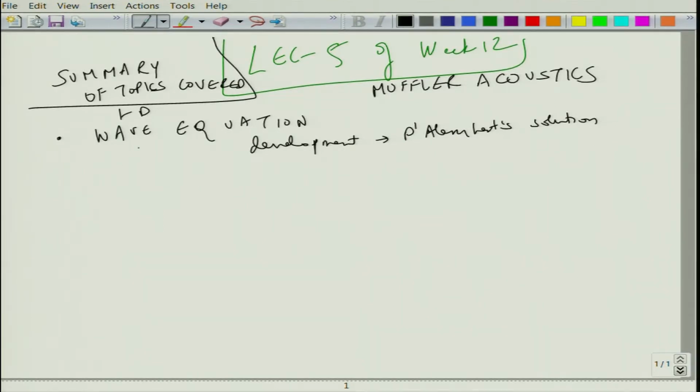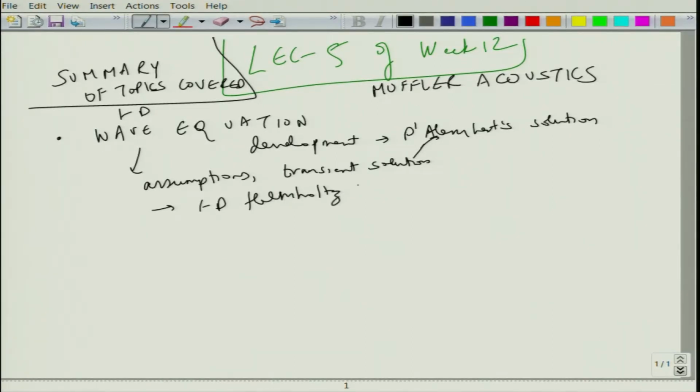We basically stated different assumptions to derive the wave equation, and the transient solution, that is basically your D'Alembert solution. Then we did the one-dimensional Helmholtz equation, and propagation in one-dimensional pipes.